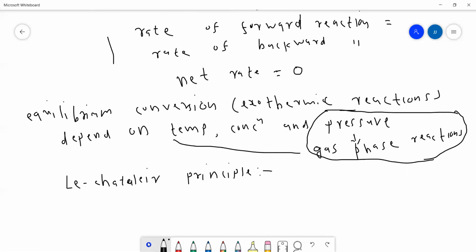What is the Le Chatelier principle? Suppose we have an equilibrium condition.